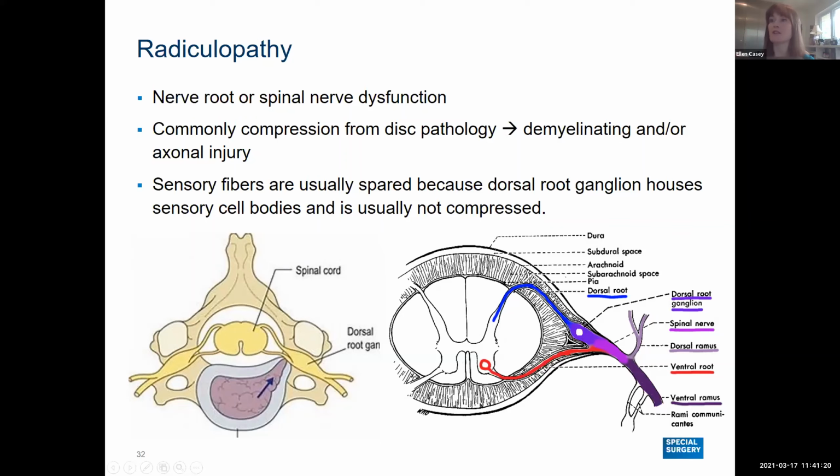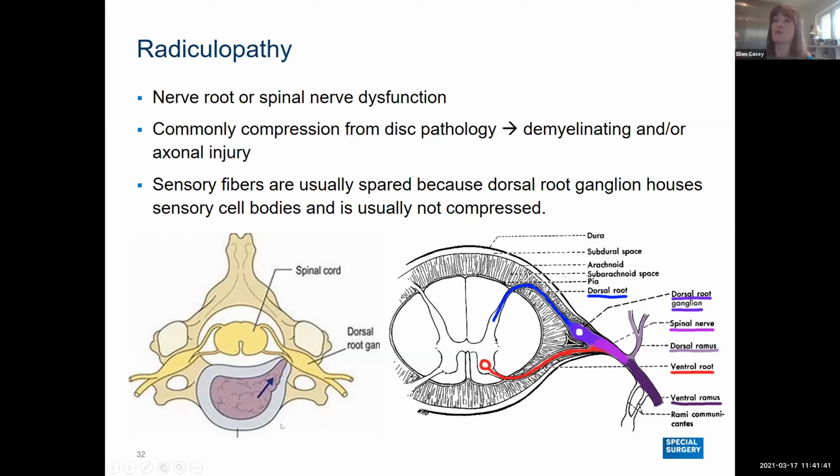And that's because the dorsal root ganglion here, that you can see nice and clearly over here, is usually spared. So the disc material is getting at the root level, but not the dorsal root ganglion. So you can have sensory alterations, but you're not going to have abnormalities on EMG because the cell bodies are intact with the rest of the nerve.